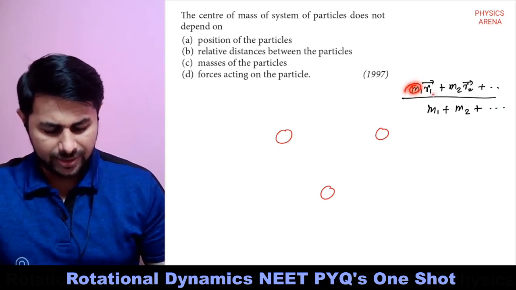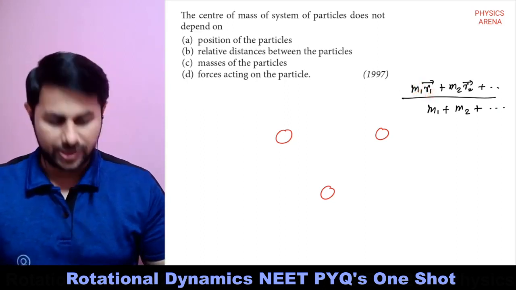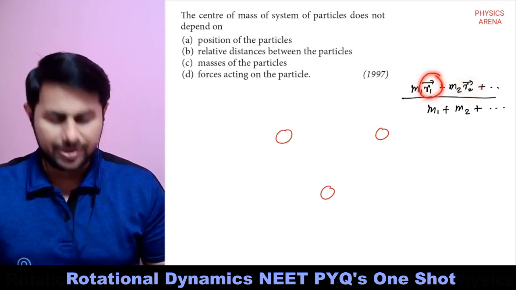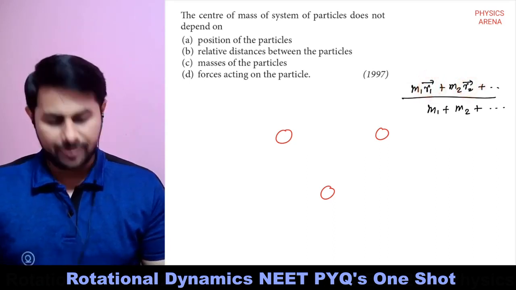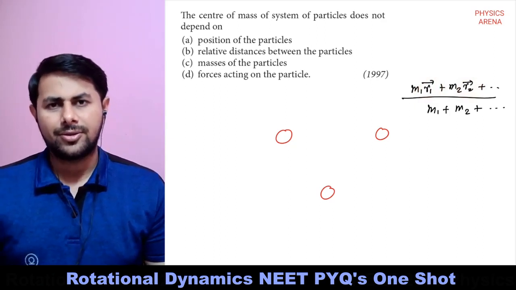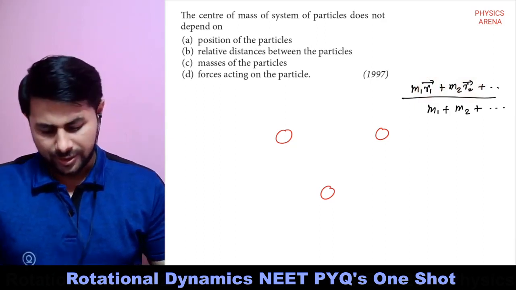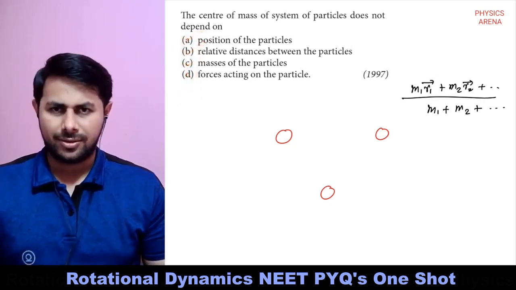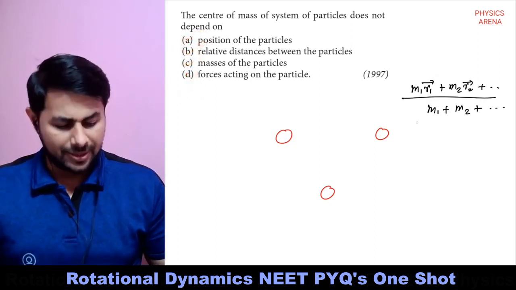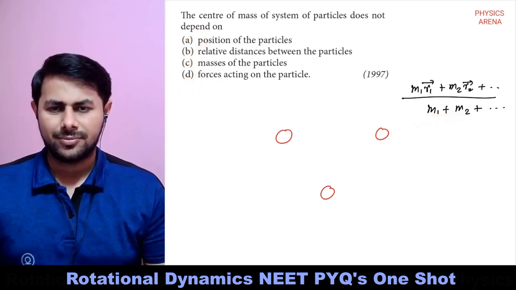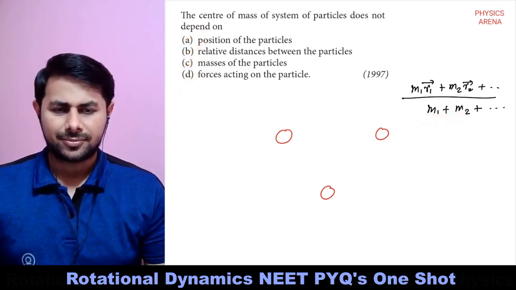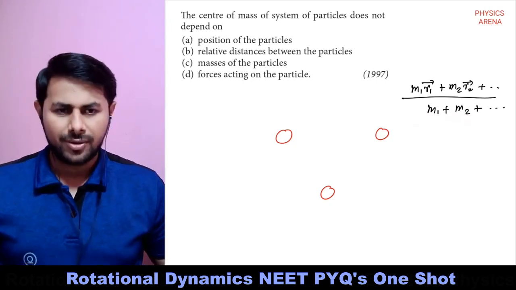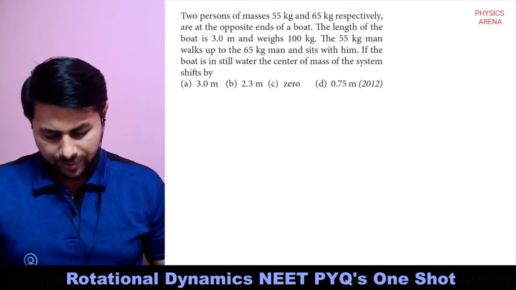So it depends on masses. It depends on the positions of these masses, and because it depends on positions, it depends on the relative distance also. It does not depend on forces. We can find it out from the formula. Okay, good. So next question.